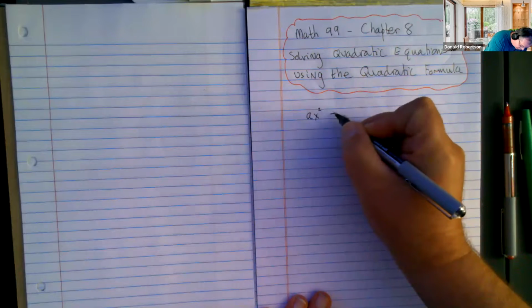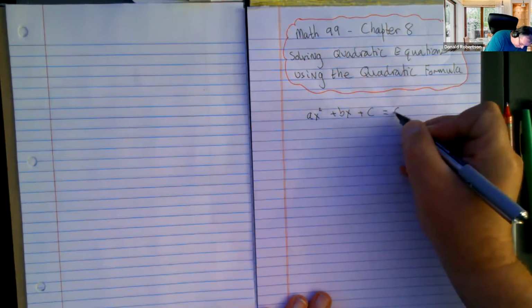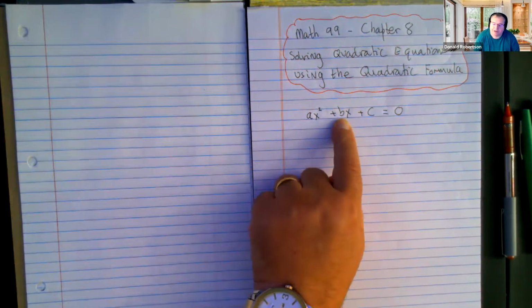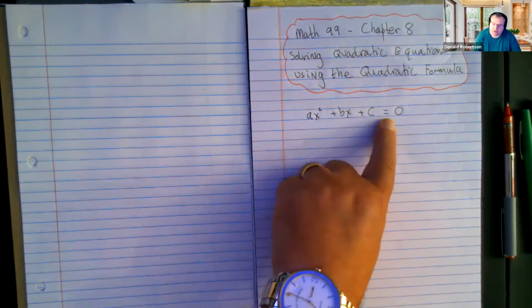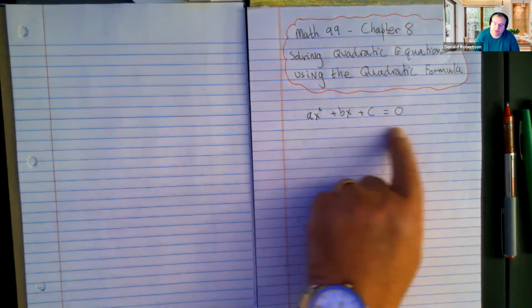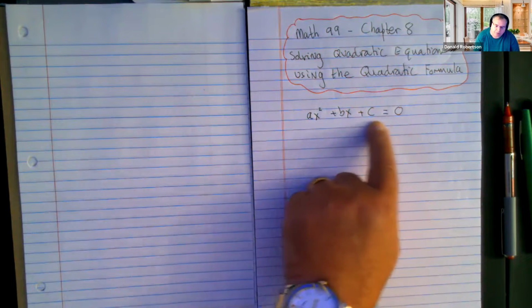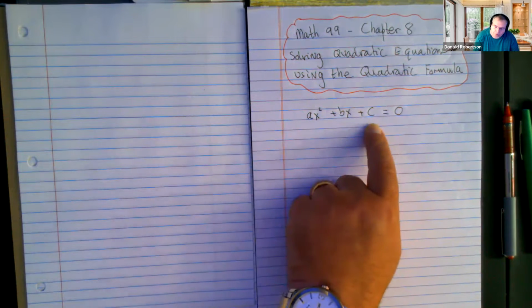A general quadratic equation will look like this: so many x squareds plus or minus so many x's plus or minus some constant term equals 0. This is what I mean when I say the quadratic equation in standard form. We need to make sure that all quadratic equations end up looking like that if they don't already.